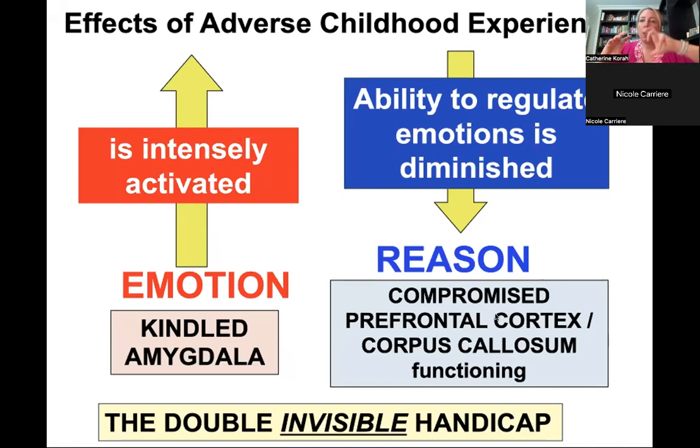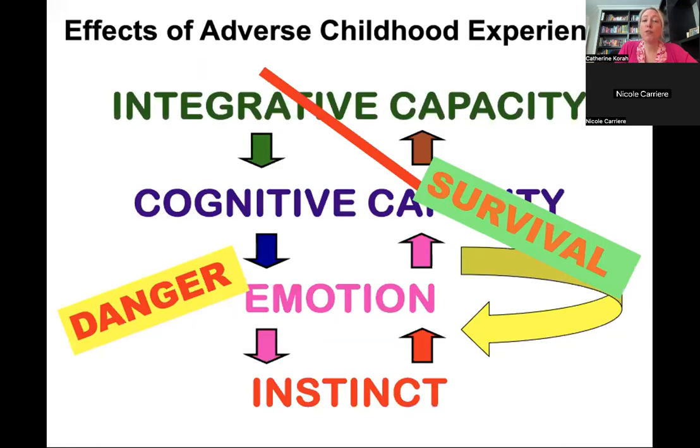So not only are they hyper reactive, they have nothing to filter it. And so there's a double invisible handicap for this population. For them, they can't be in their integrative brain or focus on cognitive capacity. They are all in their emotions and instincts, in survival mode, trying to avoid danger.